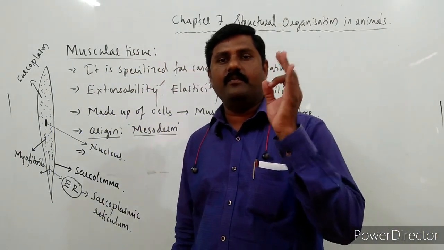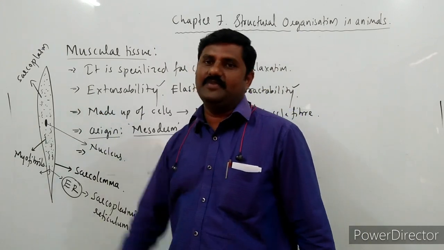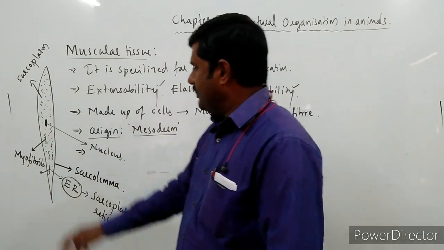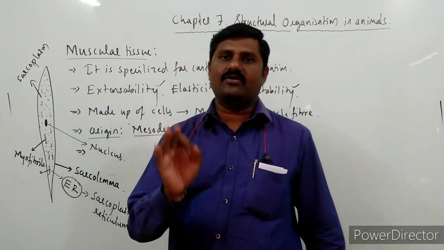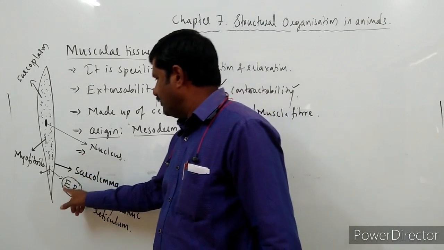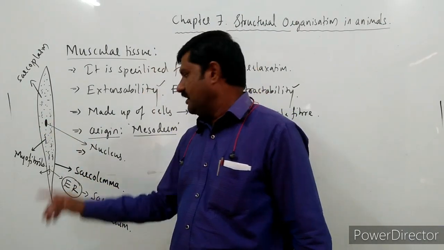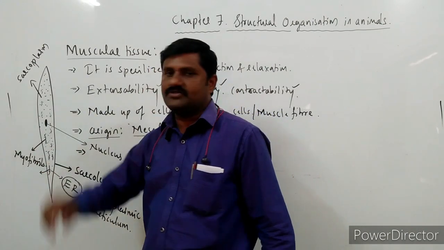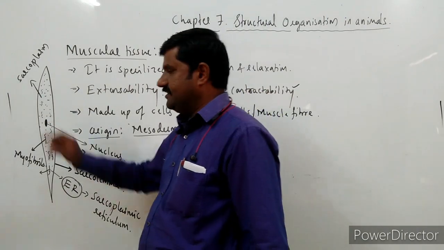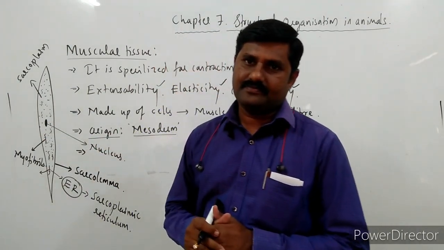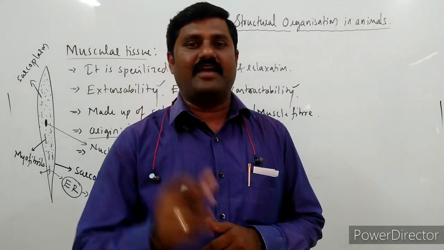So these are the major parts of this muscle fiber, right? The membrane is called sarcolemma, the cytoplasm is called sarcoplasm, the endoplasmic reticulum present in it is called sarcoplasmic reticulum, the fiber-like structures present in it are myofibrils, and the nucleus is present over here. These are the major parts of one muscle fiber.